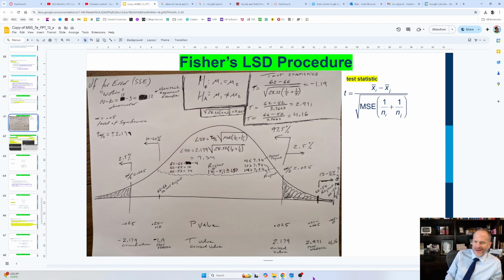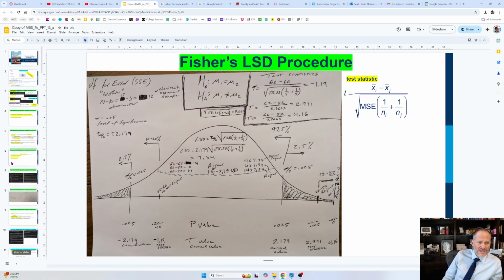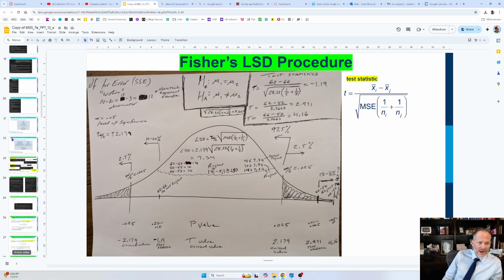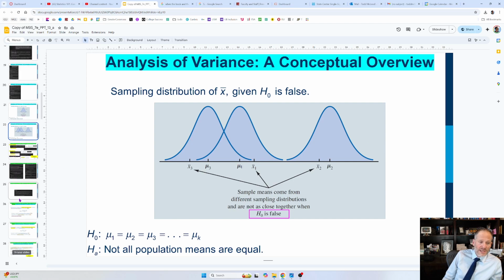And so we say that here we're rejecting the null hypothesis that the population means are equal. And we can say the population means aren't equal, which tells us that we're in this type of situation, where we have two samples, and they're coming from different probability distributions with different population means.